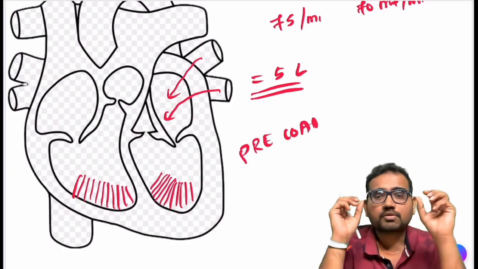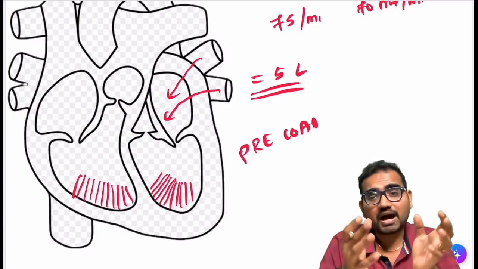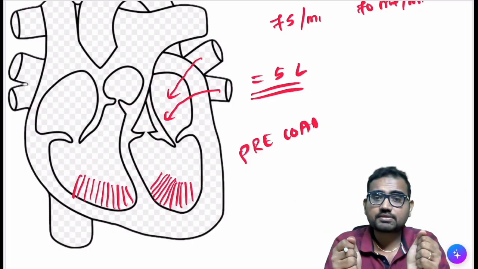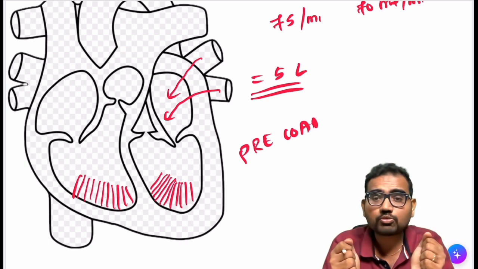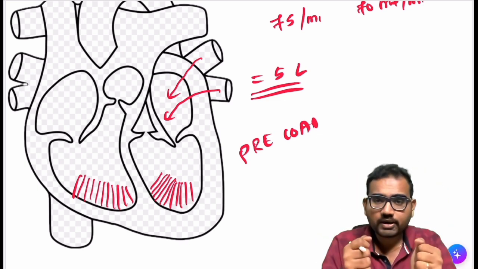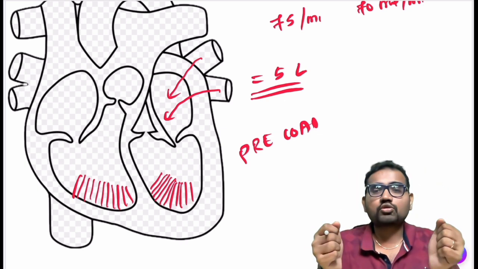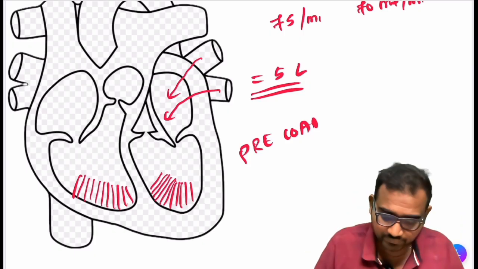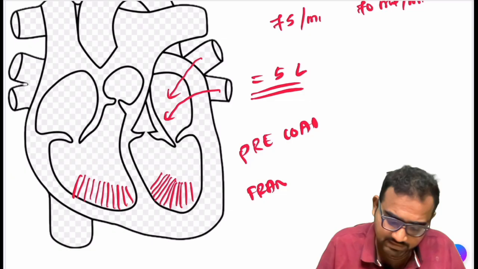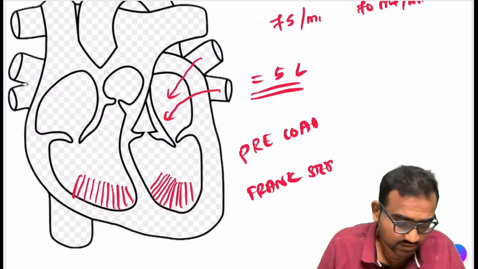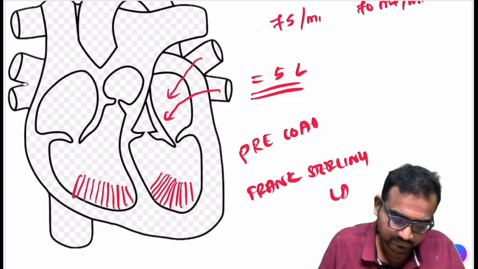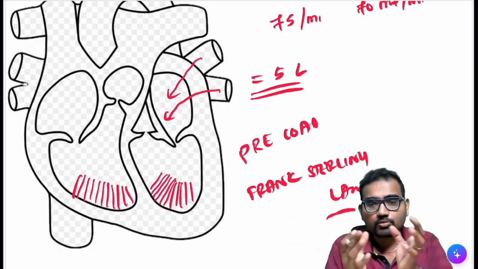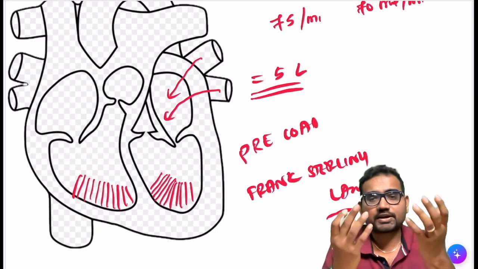Imagine more blood, the heart stretches more, and more stretch causes more contraction. More blood, more stretch, more contraction. This is what is called Frank-Starling's law.